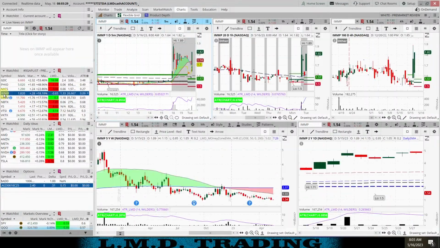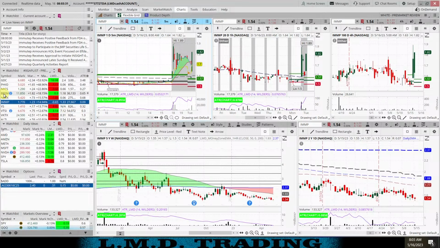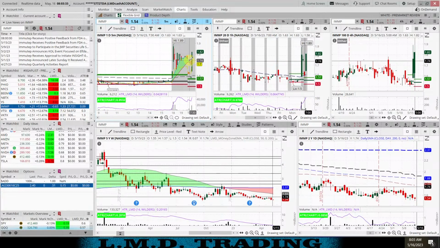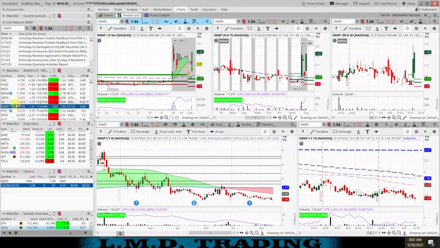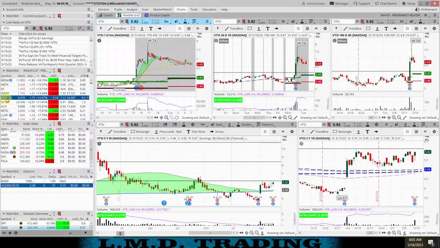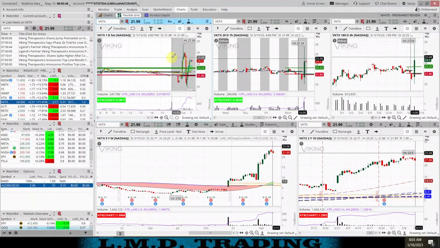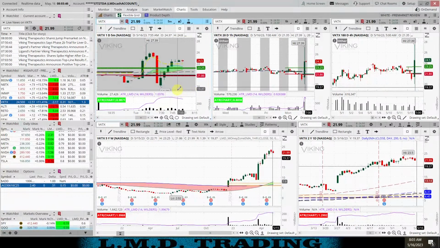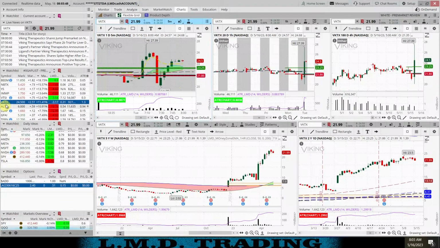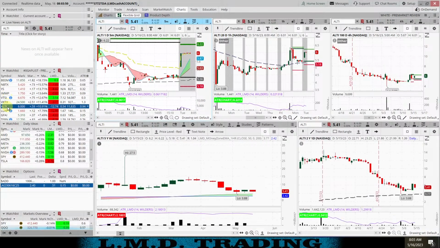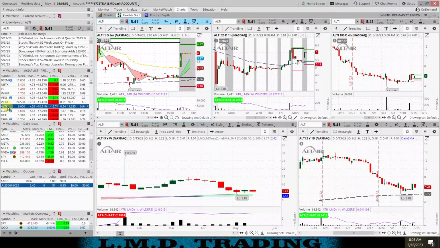So let's look at IMMP: choppy, no real clearly defined pattern going right now. BTSI, same thing. So this is how you can flip through stocks real quick in the mornings and find ideas. It doesn't take long, because a lot of these, even though they're on the watch list, are not going to be worth looking at.